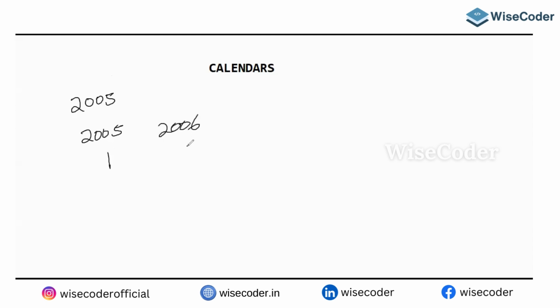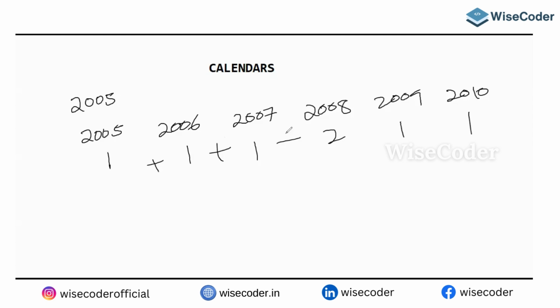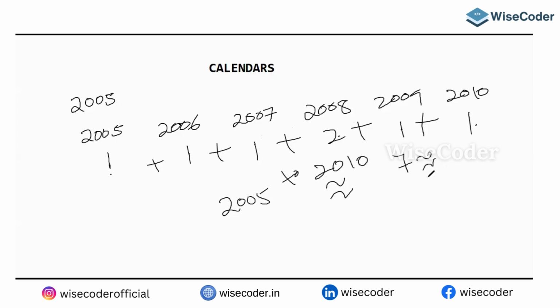2006, is it a leap year? No, 1 odd day. 2007, no, 1 odd day. 2008, yes, 2 odd days. 2009, no, 1 odd day. 2010, no, 1 odd day. Add all these values until you get exactly 7: 1 plus 1, 2, 3, 5, 6, 7. The total number of odd days from 2005 to 2010 is 7, which means 0 odd days.